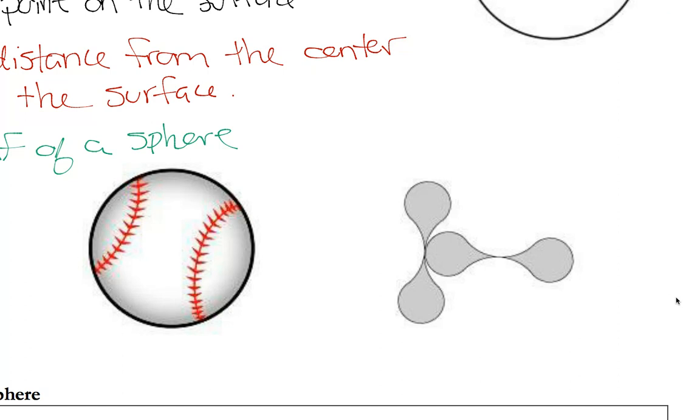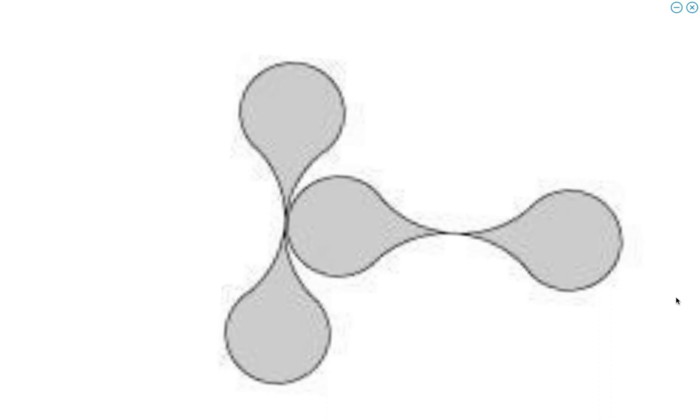And if we were to unwrap this baseball, we would see this sort of shape. And imagine if we were to kind of cut this part right here, imagine if this was like a water droplet, and as they broke apart, it created a perfect circle.